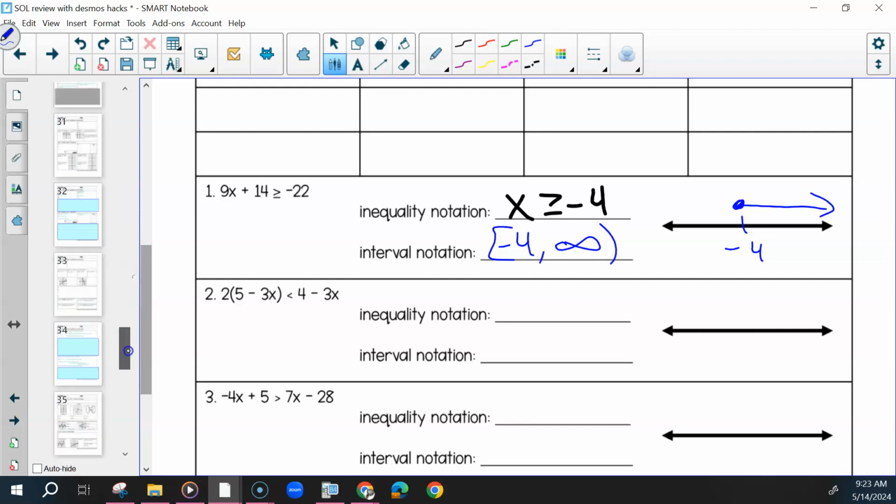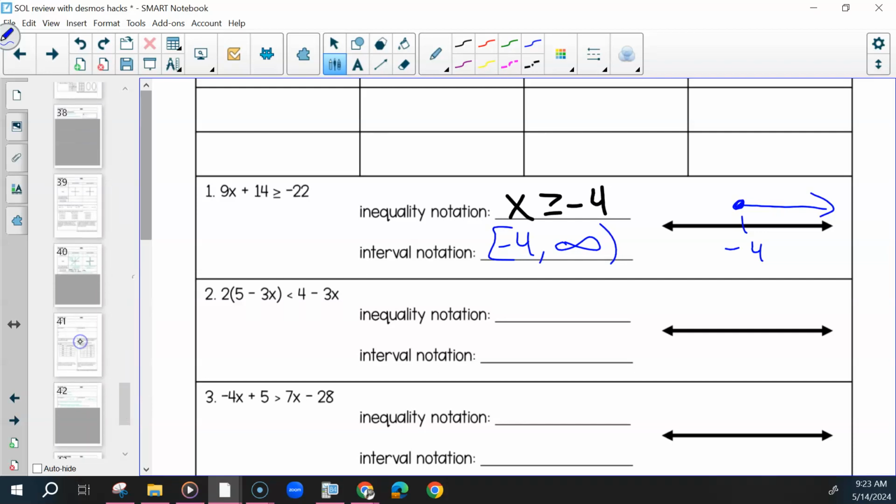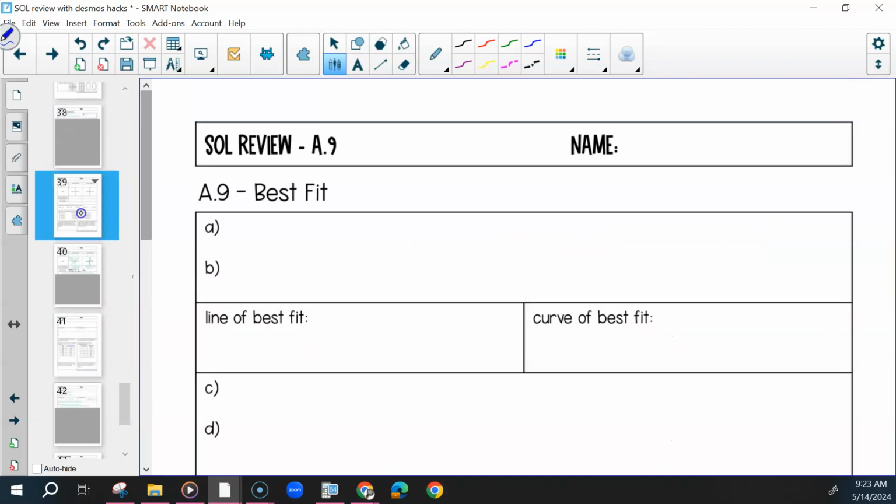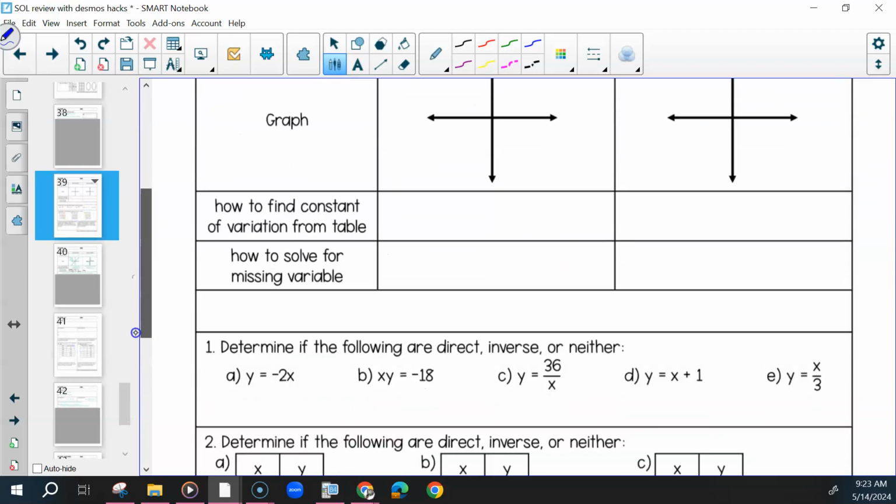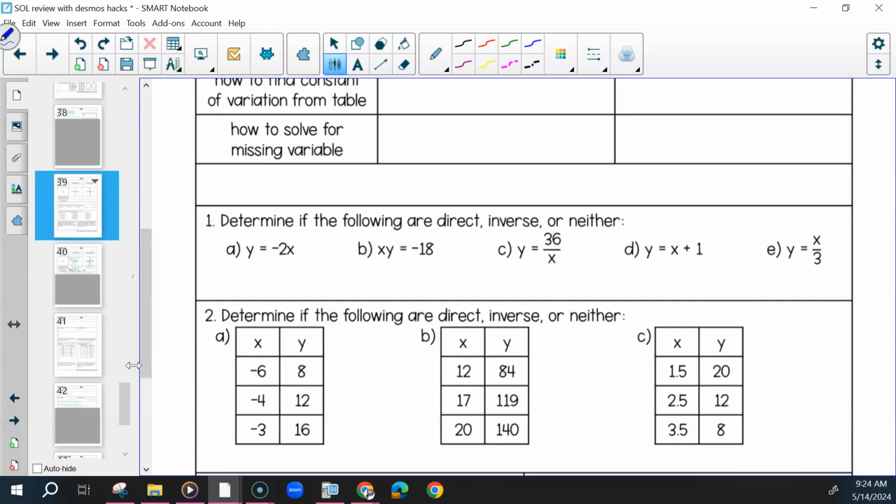Right, 8. So did you want to do A to B, all of them?